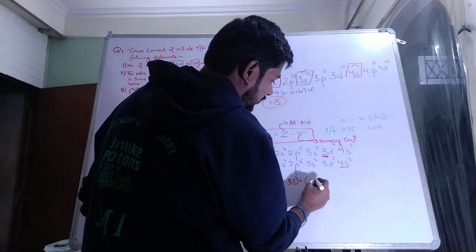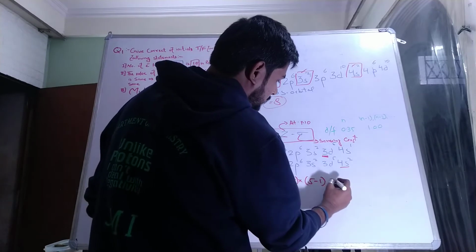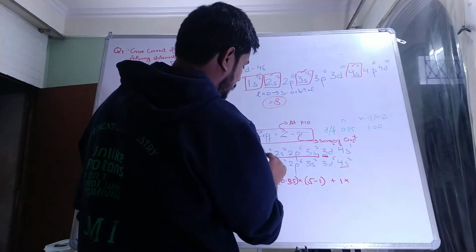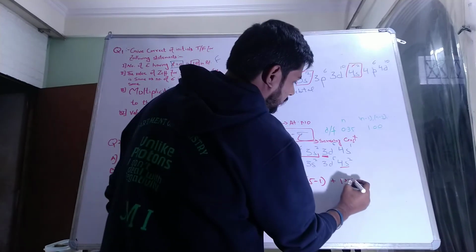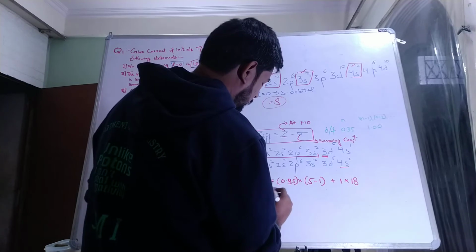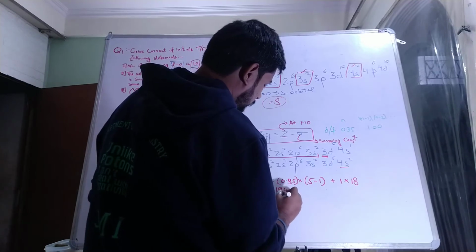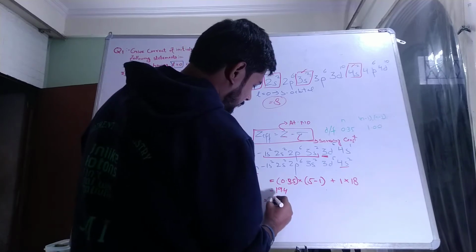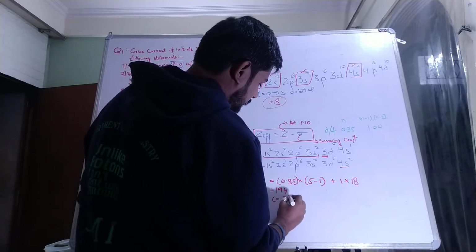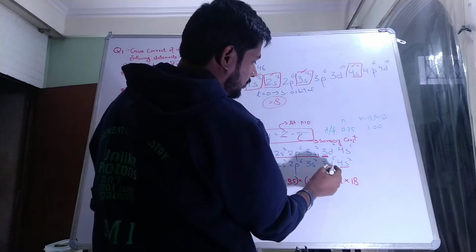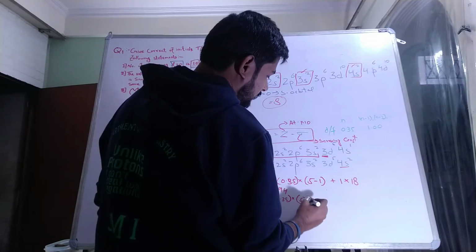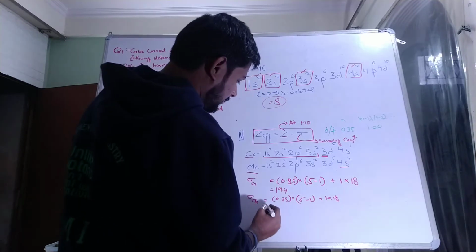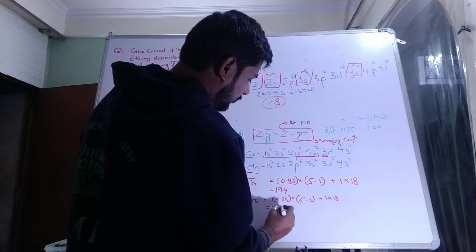So it will be 5 minus 1 plus 1 multiplied by, in the inner orbitals we have 18 electrons. So it will be 19.4. And rho for Mn, 0.35 multiplied by, in the d orbital we have 5 electrons, 5 minus 1 plus 1 into 18. It will also be 19.4.